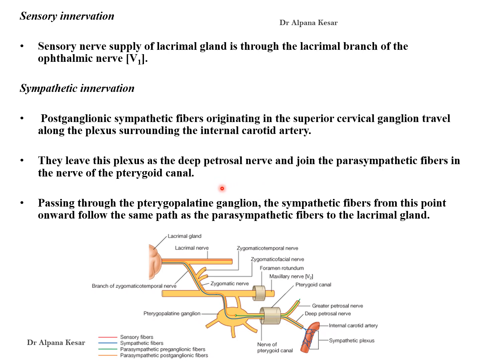The postganglionic fibers reach the pterygopalatine ganglion and traverse through it without relaying into it. The onward journey of the sympathetic fibers is same as that of the parasympathetic fibers to reach the lacrimal gland. In the lacrimal gland, the sympathetic fibers are vasomotor and control the blood flow to the lacrimal gland.